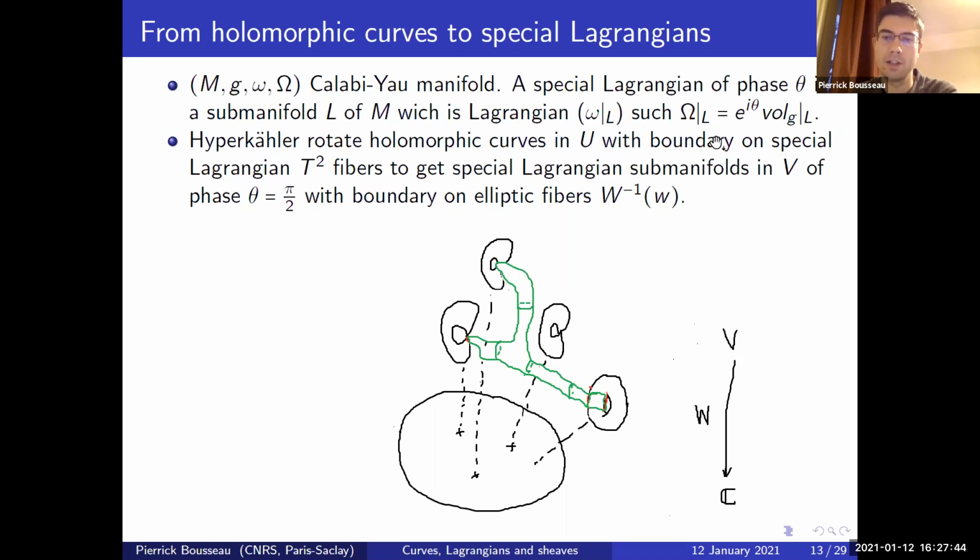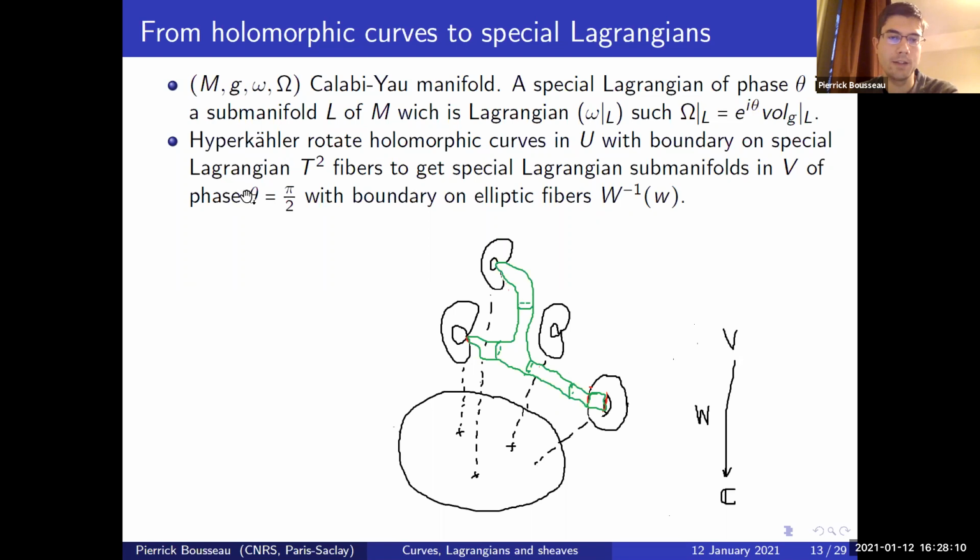But furthermore, it satisfies a special condition, which is that if you look at the holomorphic volume form and restrict it to L, it has to be a constant multiple of the volume form defined by the metric. And we say the special Lagrangian is of phase theta if this constant multiple is exponential of i theta.